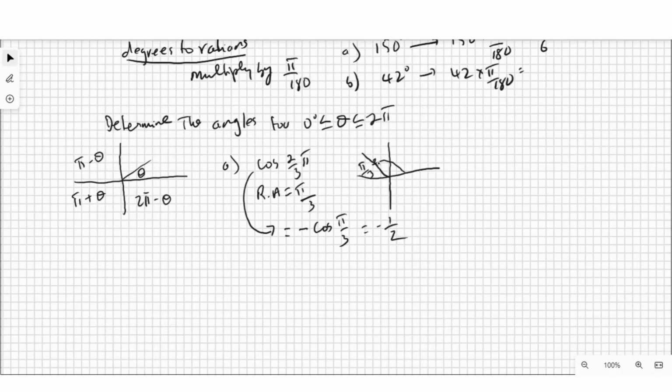In the second quadrant, cosine is negative. Cosine negative means negative in relation to the related angle. Related angle is pi over 3, so it's minus cosine of pi over 3.